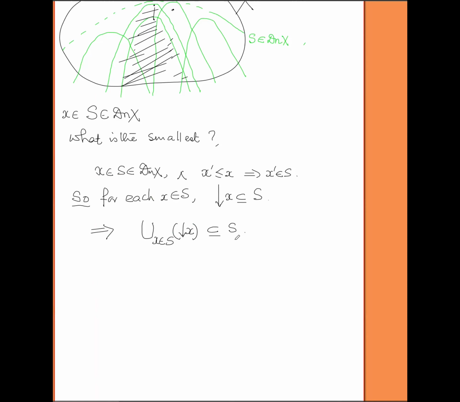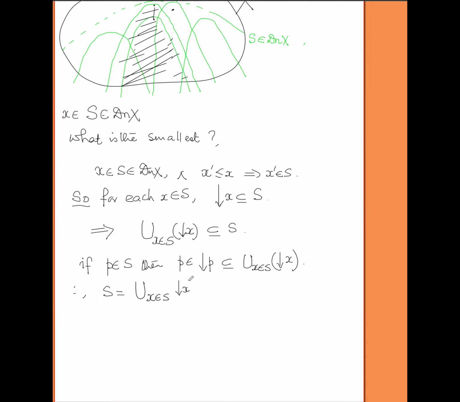Because if I take any P in S, then as I've already shown, so therefore it immediately tells me that each downset is a union of such things. It's the union of such things.